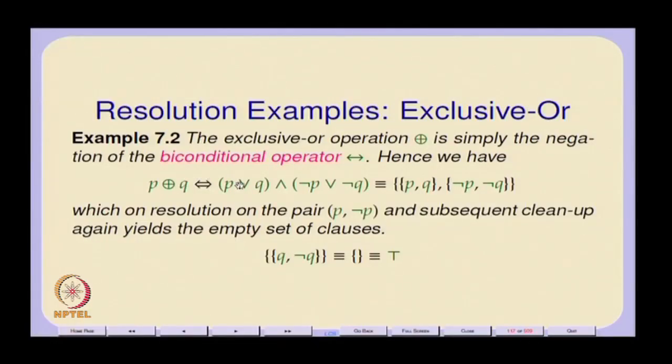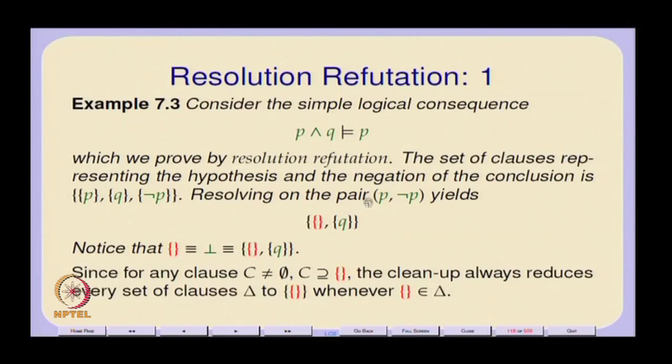On the other hand, similarly, if you take the negation of this operator, which is essentially the exclusive OR operator, then also you just get true as a logical consequence. However, if you have a goal directed method, you want to prove specifically that P is a logical consequence of P and Q, then what you do is you negate this consequence P, add it to the set of clauses, and then try to derive an empty clause.